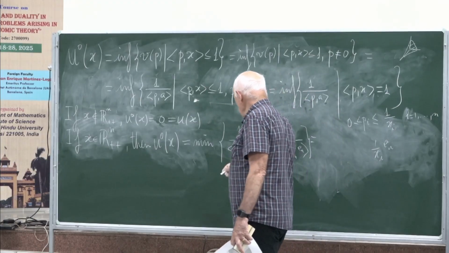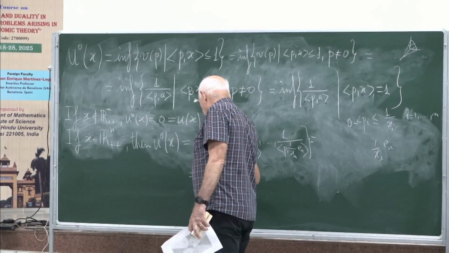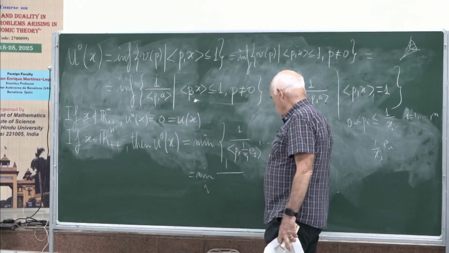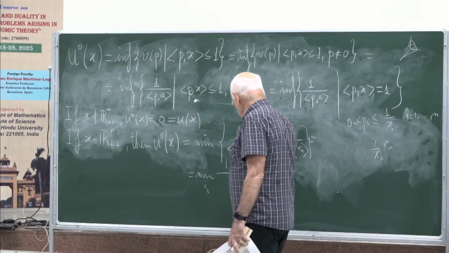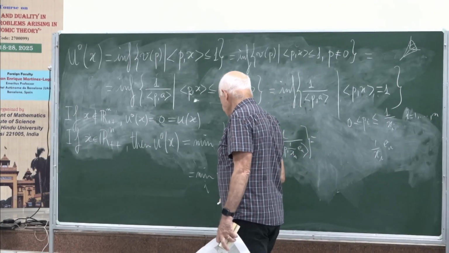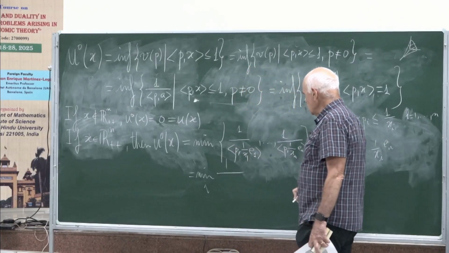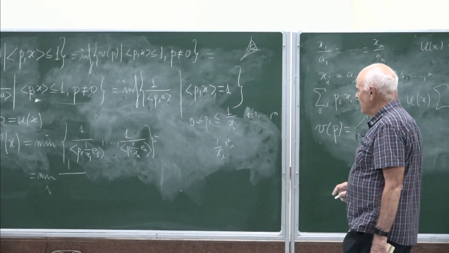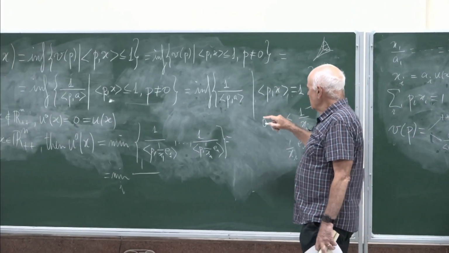And this is the minimum over i of 1 over p ei. Where is the mistake?